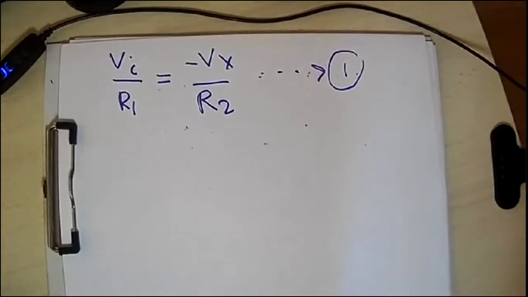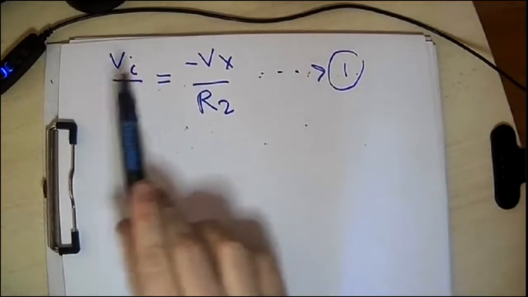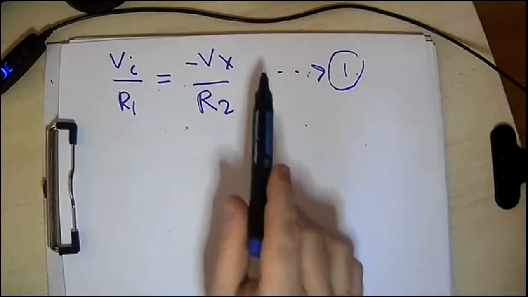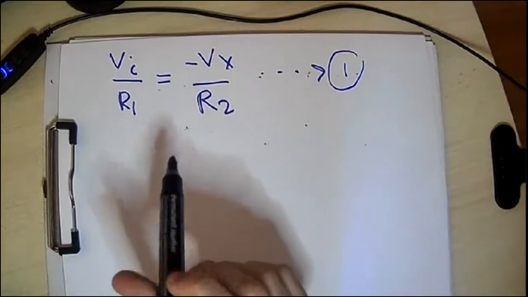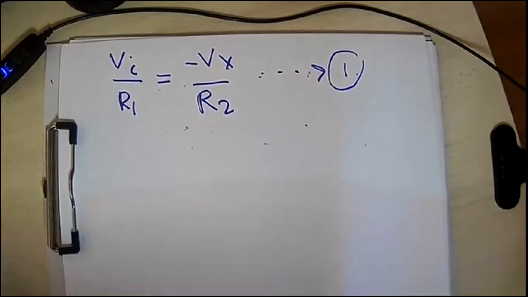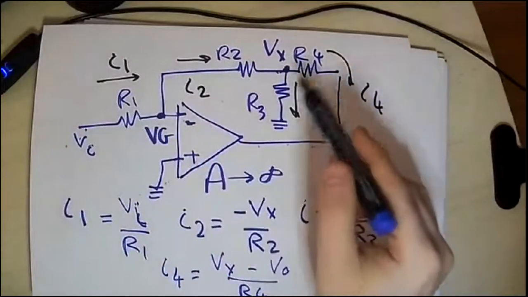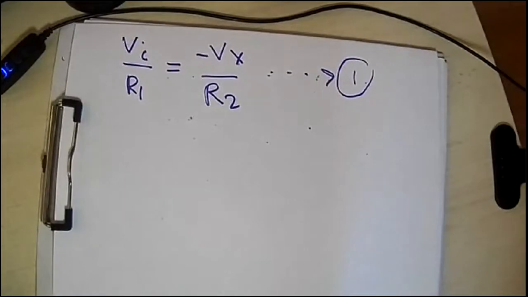Now, this equation is not enough. Why? Because what you are searching for is a relation between V input and V out, not V input and Vx. So you need another equation where you can substitute Vx in terms of V out, which is the second equation. We know that I2 is equal to I3 plus I4. So let's now write it.